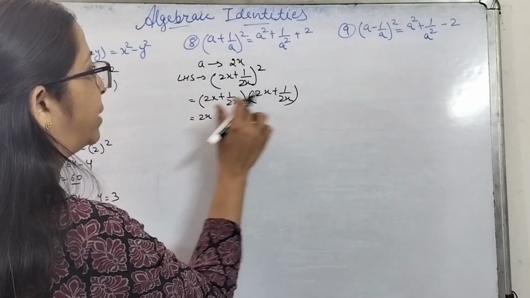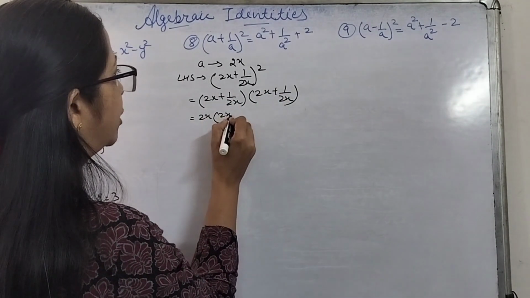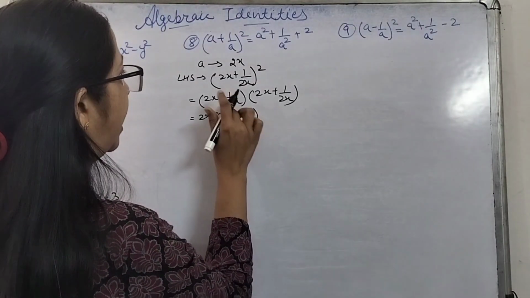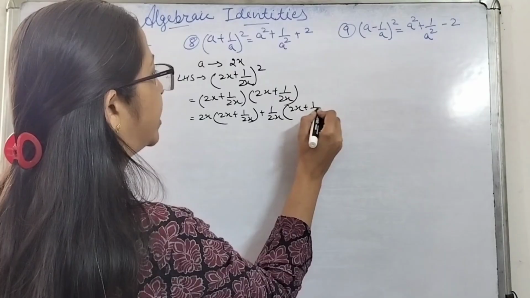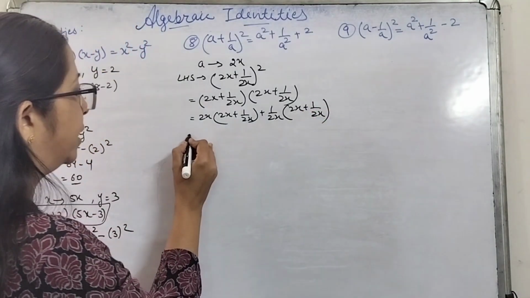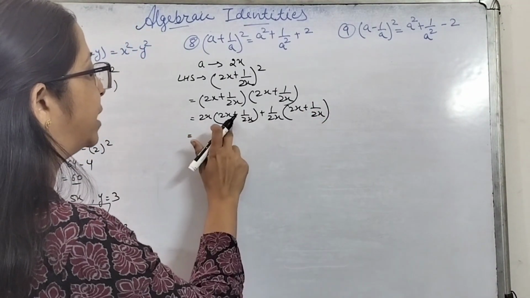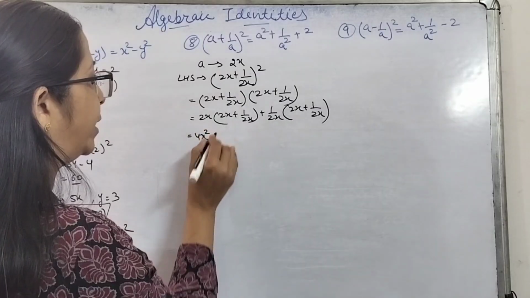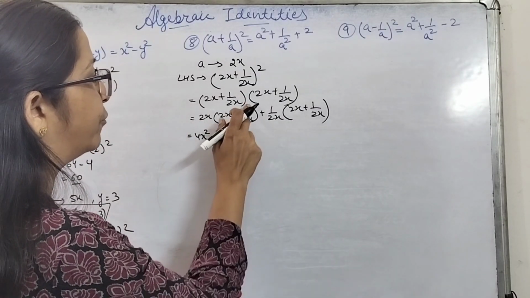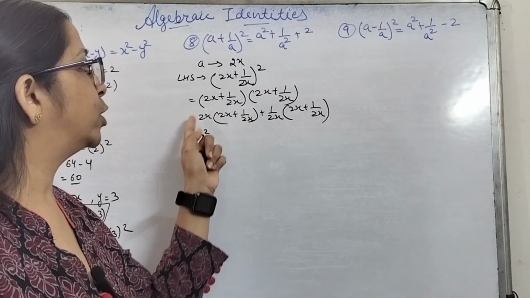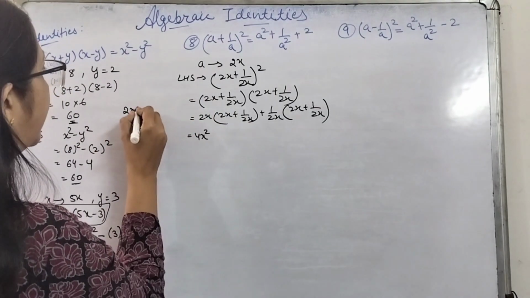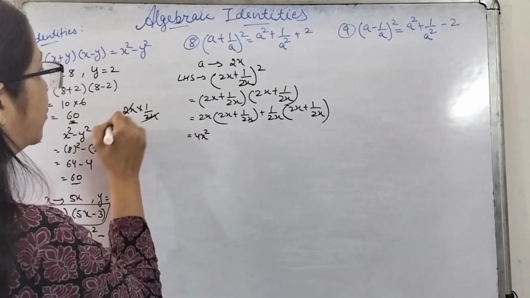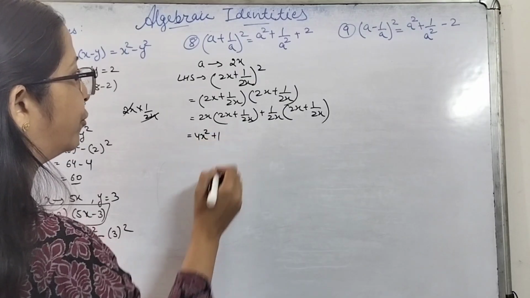So 2x will be multiplied by the bracket 2x plus 1 upon 2x, and 1 upon 2x will be multiplied by 2x plus 1 upon 2x. 2x multiplied by 2x will be 4x square. 2x multiplied by 1 upon 2x, both cancel, so it will be plus 1.